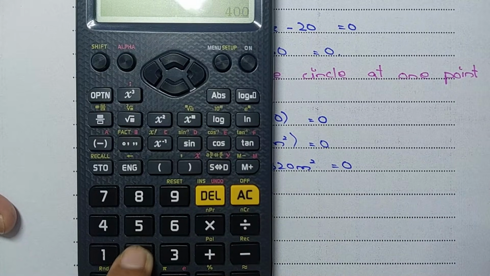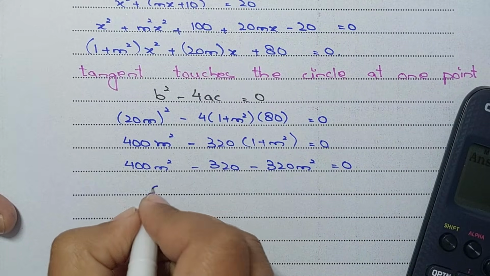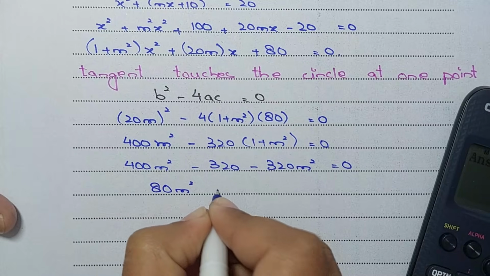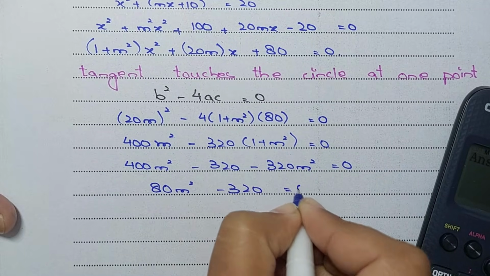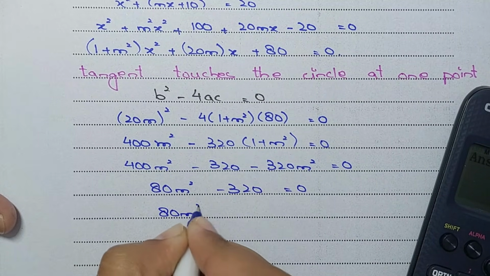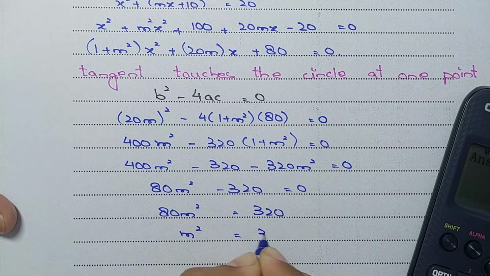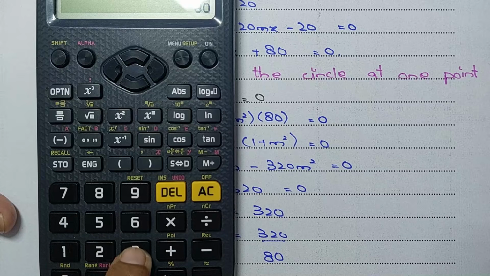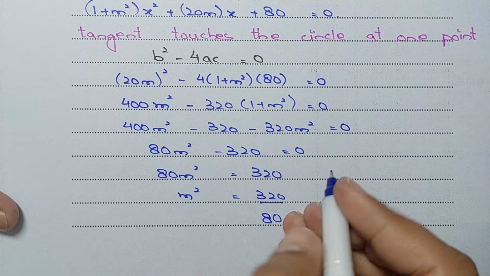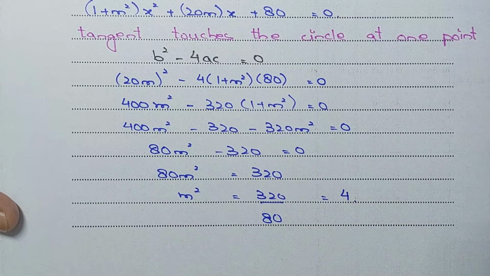From 400 take away 320 is just 80. So 80m² − 320 = 0, 80m² = 320, and m² is 320 divided by 80, which equals 4. So m² is 4.